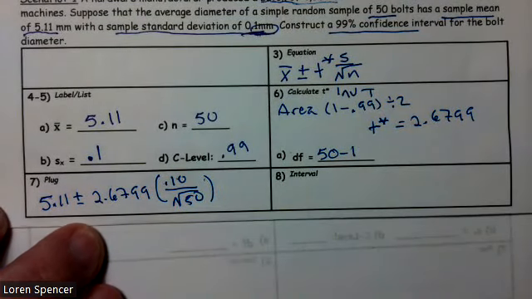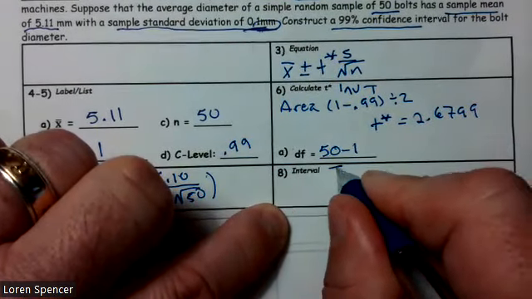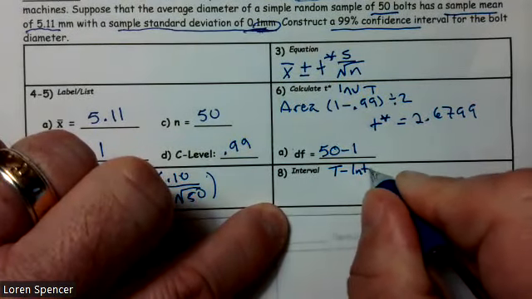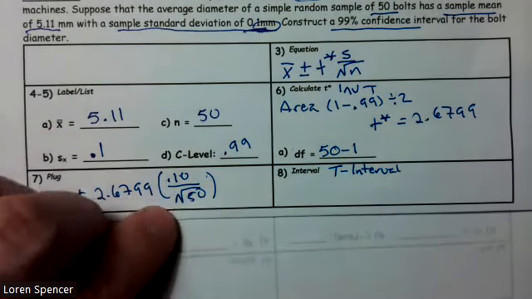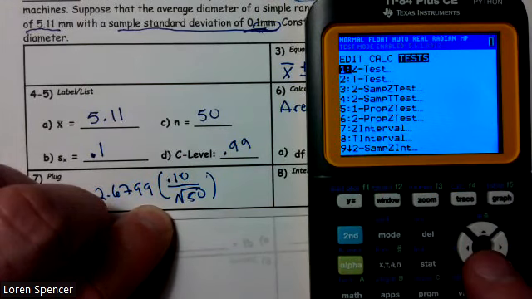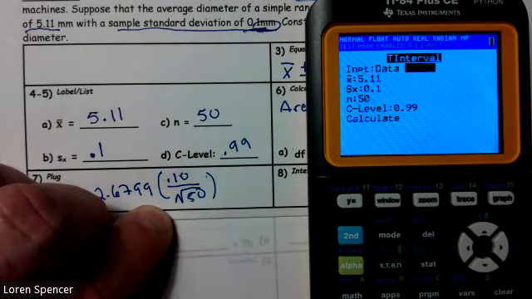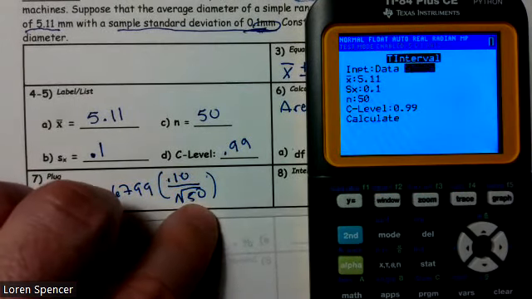To calculate this, we're going to have to go to T interval. So we're going to go stat, test, T interval, which happens to be number 8. And stats needs to be highlighted.